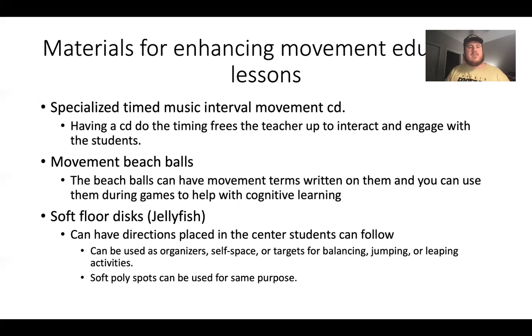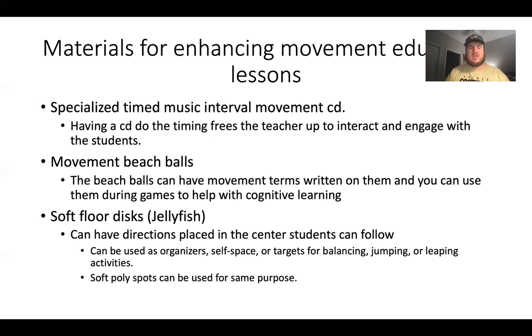So you could also have these soft floor discs or jellyfish. I couldn't really find an example of what the book was talking about. The only thing I could find were the soft poly spots, which it said could be used for the same purpose. So these can have little directions you put on them in the center for students to follow.